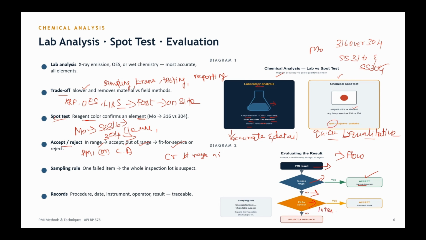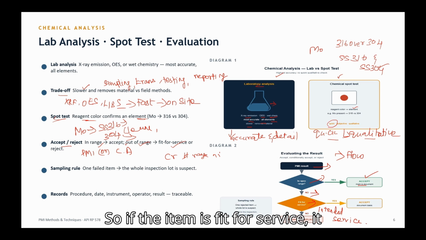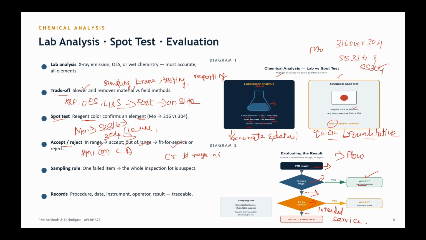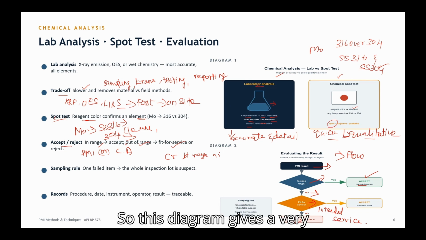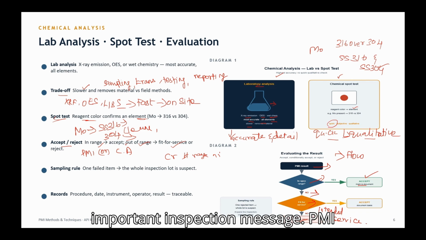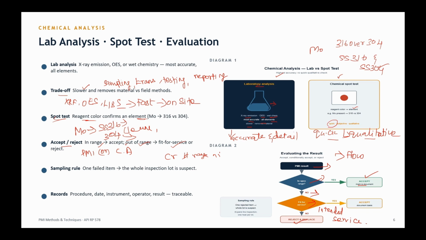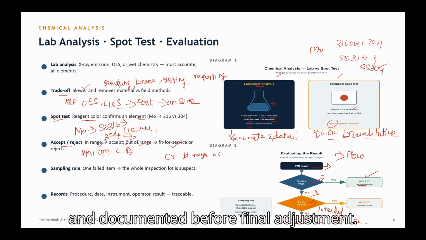If the item is fit for service, it may be accepted on a documented basis. This is not a normal acceptance. This must be supported by proper engineering review and approval. If the item is not fit for service, then the decision is reject and replace. So this diagram gives a very important inspection message. PMI is not only a number. It must be compared, evaluated and documented before final acceptance.